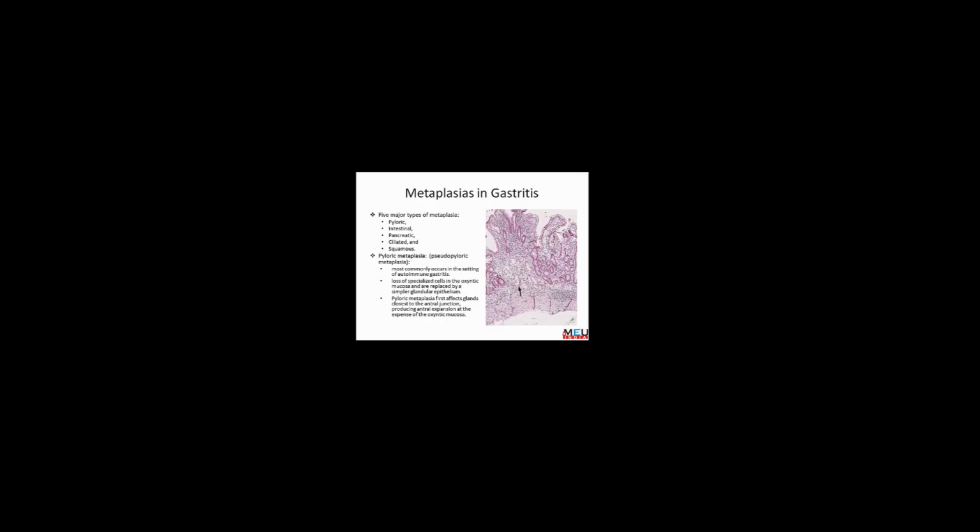There is loss of specialized cells in the oxyntic mucosa, which are replaced by a simpler glandular epithelium. Pyloric metaplasia first affects the glands closest to the antral junction, producing an antral expansion at the expense of the oxyntic mucosa. Intestinal metaplasia begins at the antral corpus in a patchy and multifocal fashion, and then spreads both distally and proximally to involve the antrum and fundus.